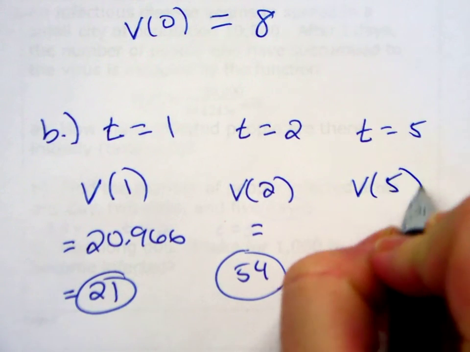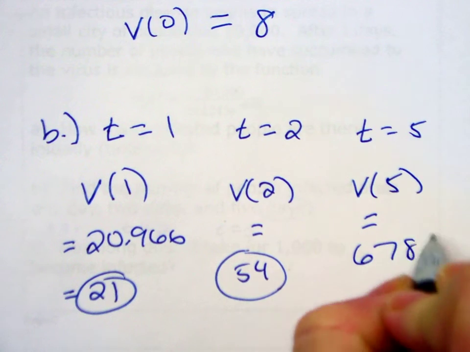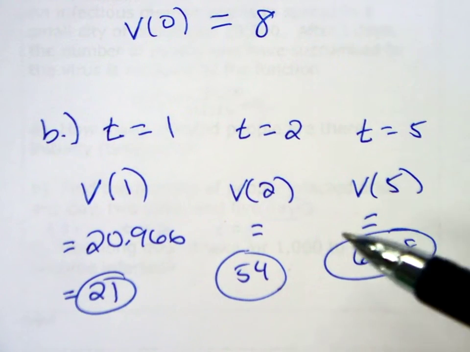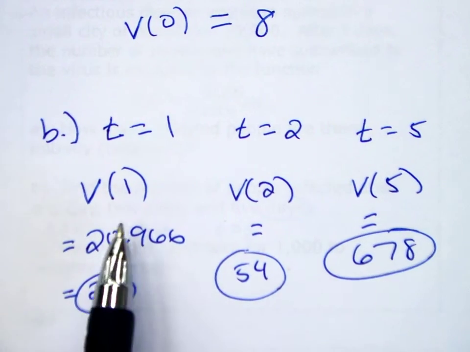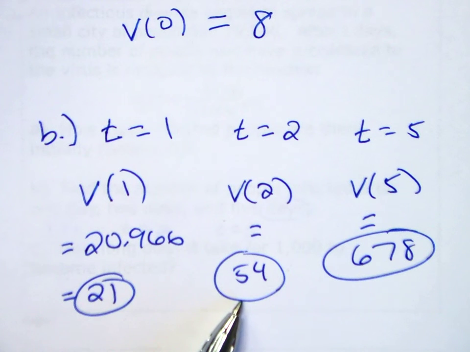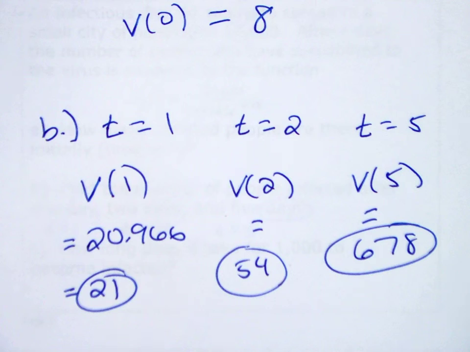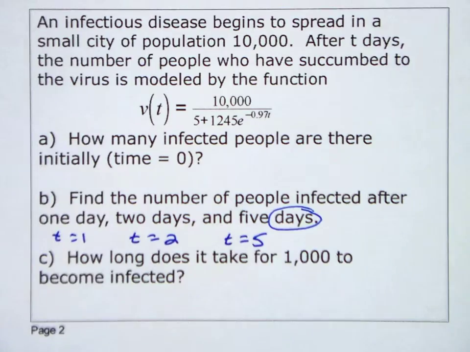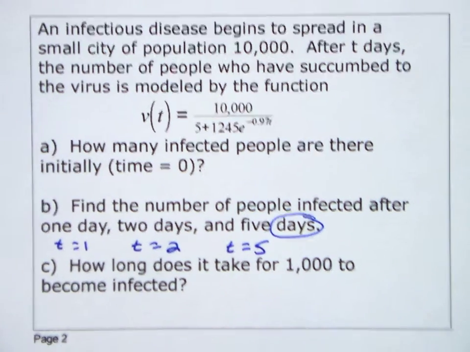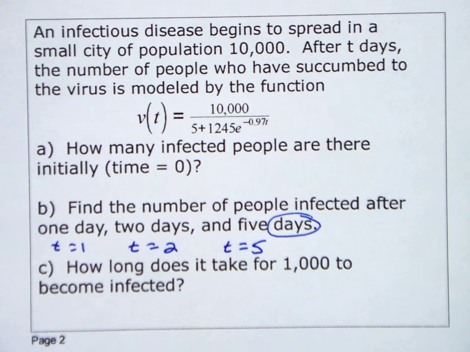V of 5 equals 678. So it's growing pretty fast. From 1 day to 2 days, it more than doubles, and then it goes way up really fast. A and B are pretty easy, especially if you have a graphing calculator.